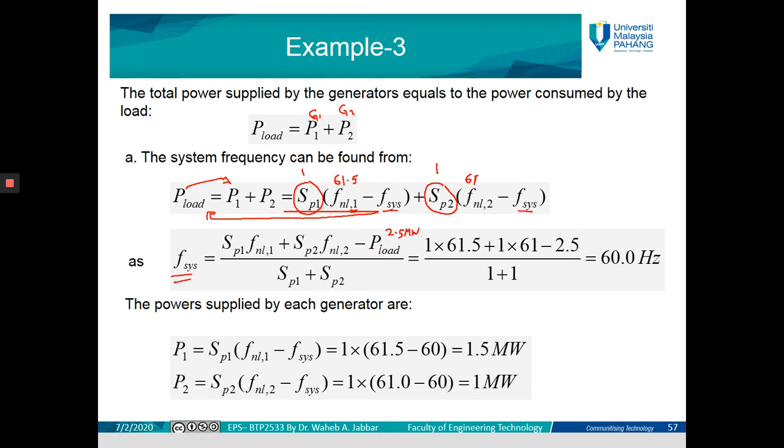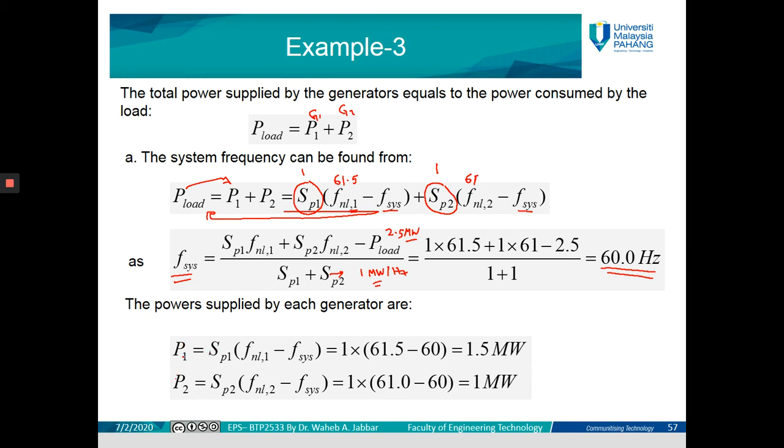No need to change to watt or kilowatt, because this value is 1 megawatt per hertz. Now we solve, and we find the frequency of the system is 60 Hz. Since the frequency of the system is 60 Hz, I can calculate how the load will be shared between generator 1 and generator 2 based on their frequency.